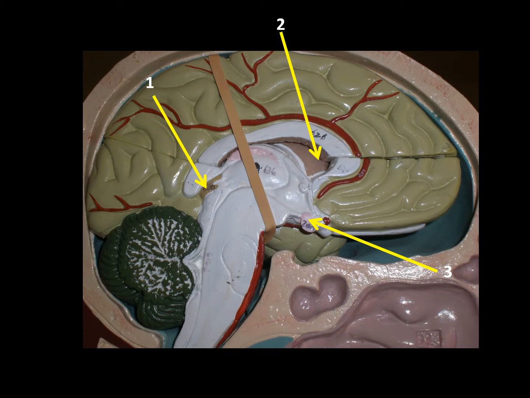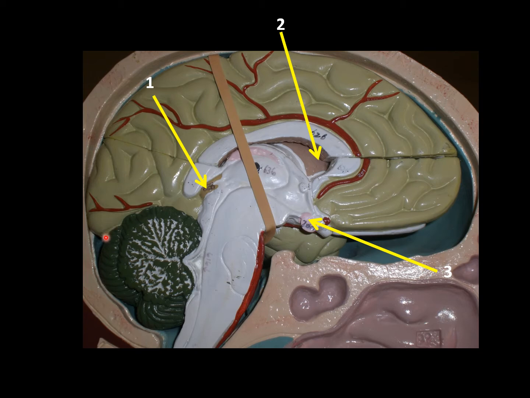Can you tell which one of these structures represents the pituitary gland? Let's orient ourselves. So this is the cerebral hemisphere. This is the cerebellum, and this is the brainstem. So this tells us that this is the anterior portion of the brain, whereas this is the posterior portion of the brain.